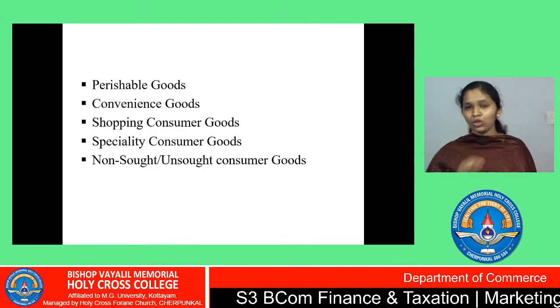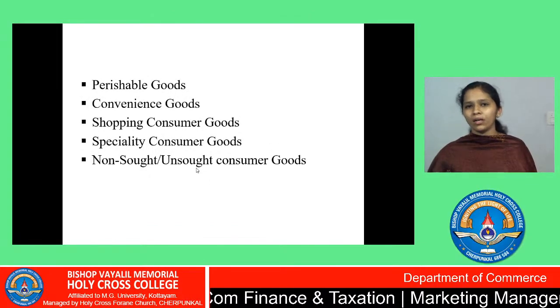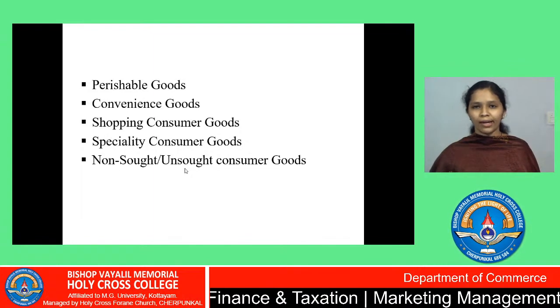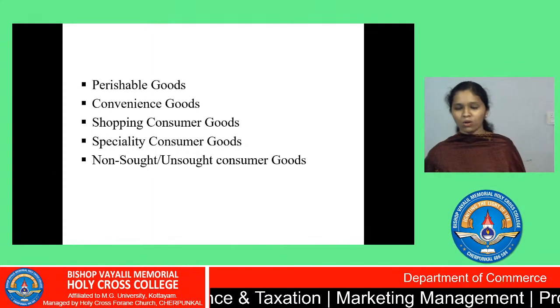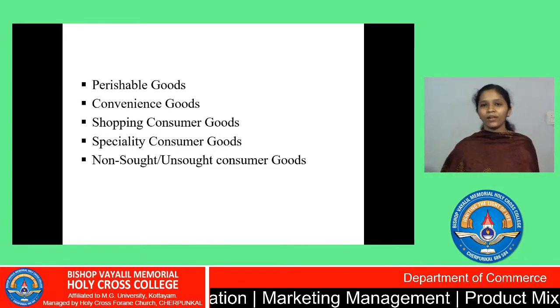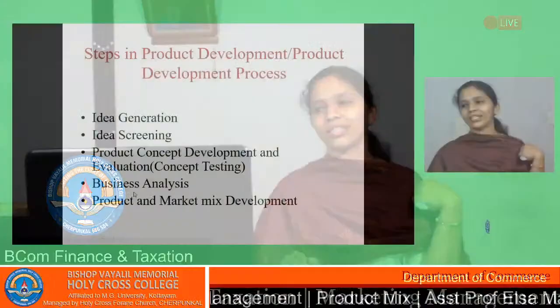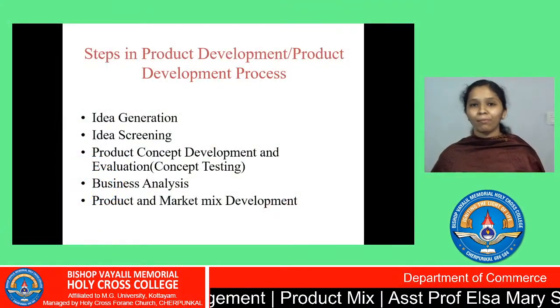These are unique, unusual and also luxurious. For example, diamond, gold, etc. And the last one, non-sought or unsought consumer goods. That means consumers are not willing to buy these products. Example, medicine. So we are moving to the next topic, that is steps in product development, or the product development process.